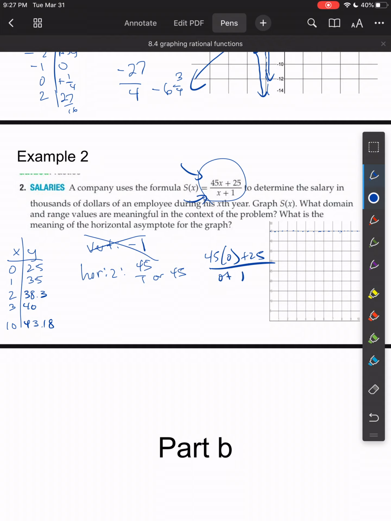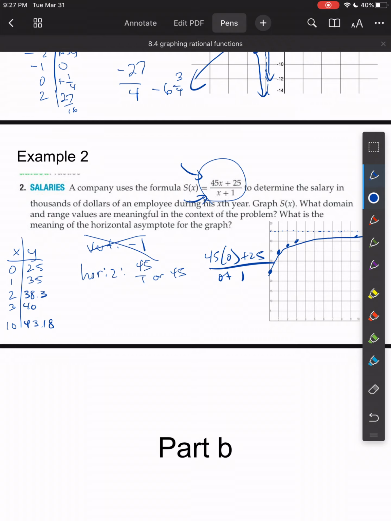That's just how I'm getting these numbers. So I have a dot here. Plug a 1 in and you'll be at 35. Plug a 2 in, you'll be at 38 1/3, which is somewhere in here. Plug a 3 in, you're going to be at 40. And then I plugged a 10 in, and at 10, we're going to be at 43. So somewhere in there. So we have this kind of graph.